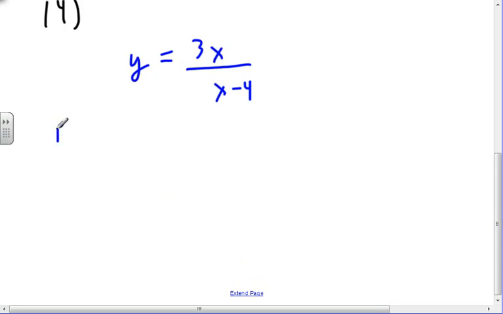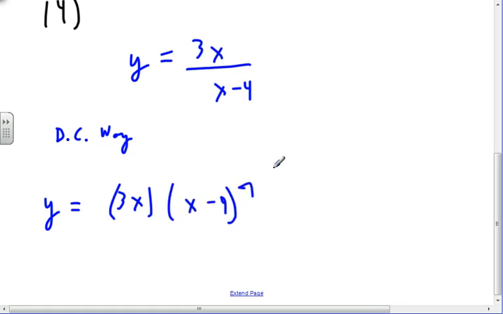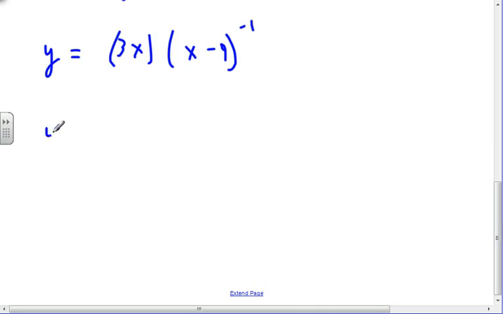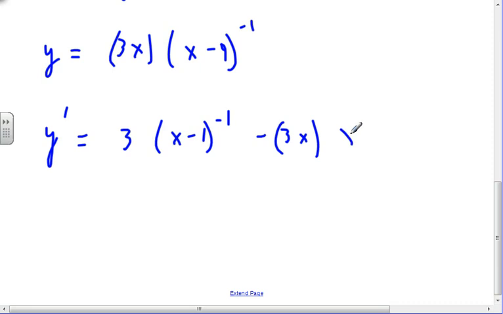So the Doug Corderville way, y is equal to 3x times x minus 4 to the minus 1. y prime equals 3 times x minus 4 to the minus 1 plus, and we'll make it a minus sign, minus 3x times x minus 4 to the minus 2.